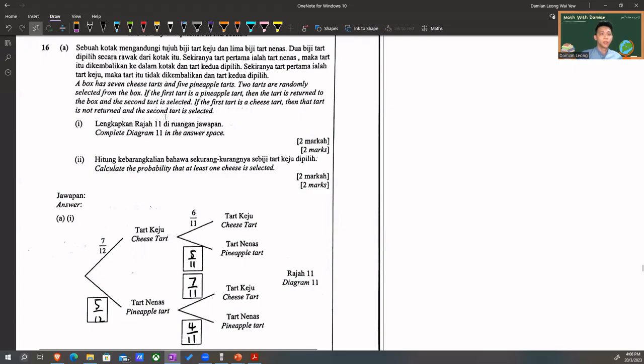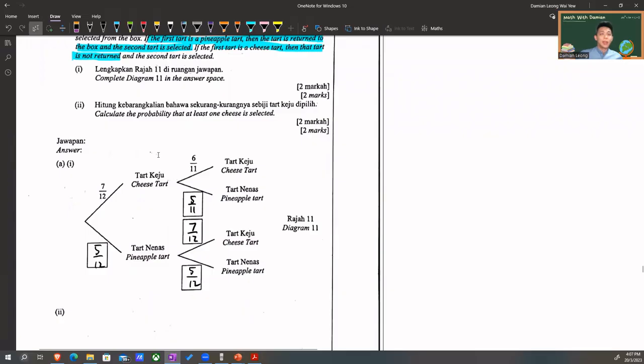Oh wait, if the first one is a pineapple tart, it's returned. So it's still 12. Yeah, it's still 5/12. Because this one, sorry, first part pineapple, return and select second tart. If it's cheese tart, then not return. Yeah, so it's a different case.